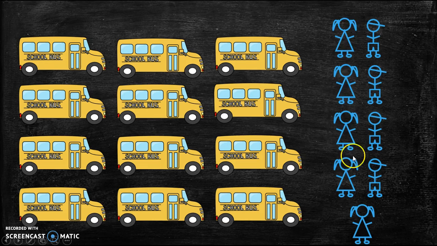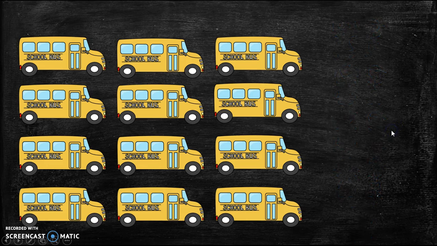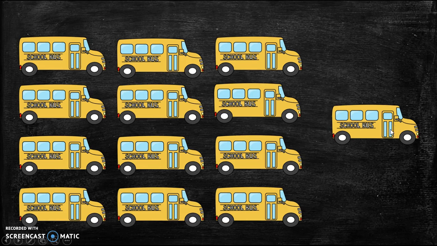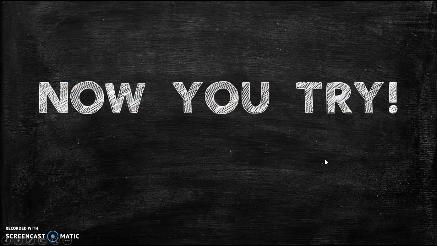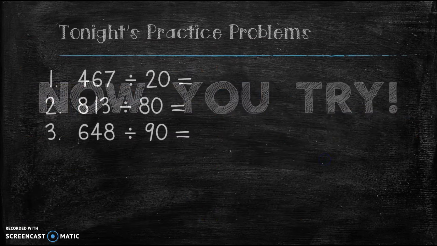Remember, the remainder over here was 9 people. Do we want to tell 9 people that they can't go on the field trip with us? No, we don't. So in this case, we definitely need to order a 13th bus. So even though the exact answer is 12, remainder 9, we need 13 buses to make sure everybody gets to our field trip.